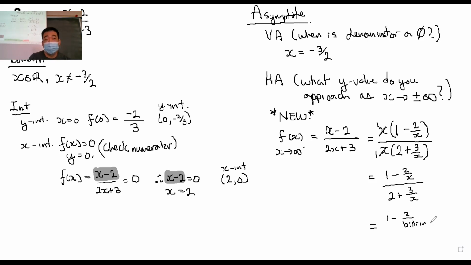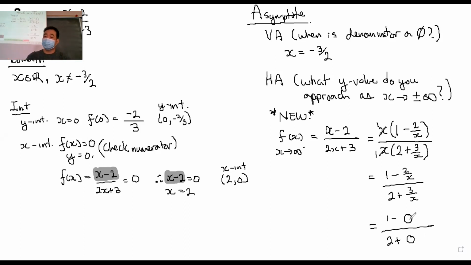What is that? It's essentially 0. What's 3 over a billion? It's essentially 0. So once I apply a number inside the x, I'm essentially subtracting a 0 and I'm essentially adding a 0.